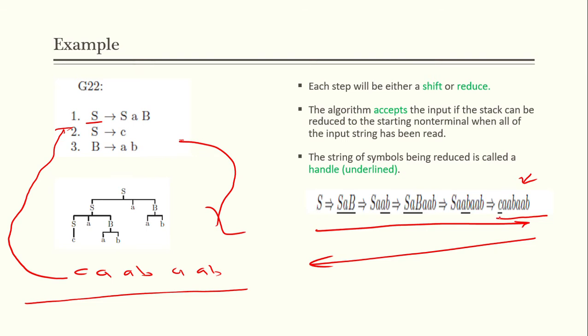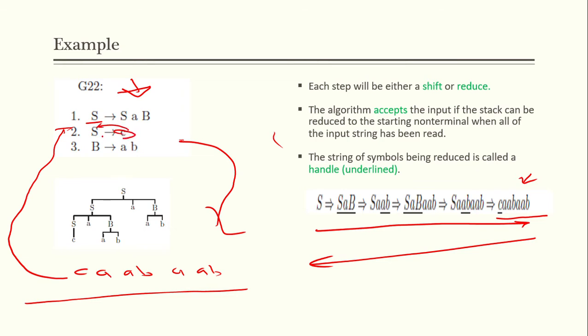We start reading from the string, which is C. Look into your grammar: is there any derivation with C on the right-hand side? Here is C. On the second rule, S goes to C. So you need to reduce this C to S.